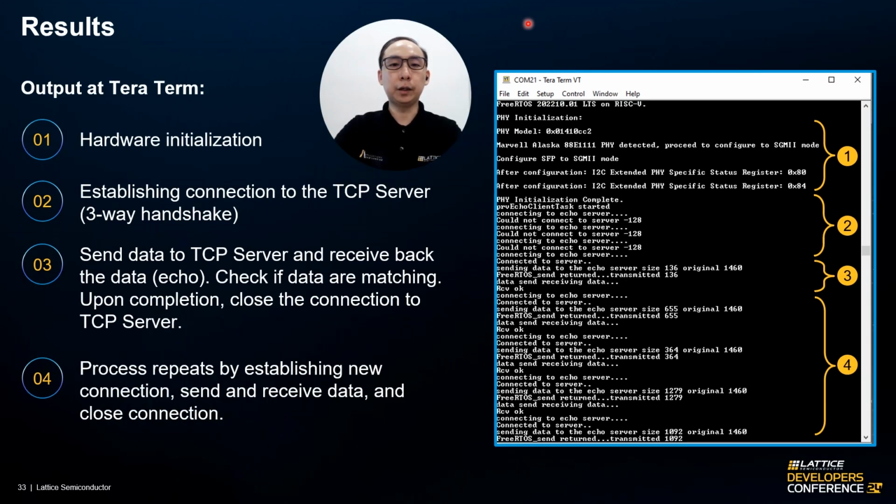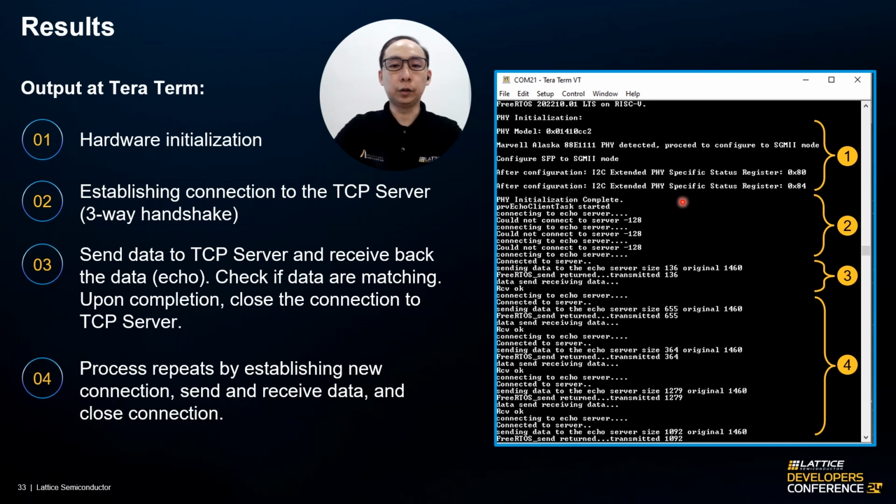After the TCP/IP software starts executing on the RISC-V processor, here are the print messages displayed on the serial terminal. First, in the first stage here, it shows the hardware initialization process, where the Ethernet PHY has been initialized to configure the SFP module via I2C operations.